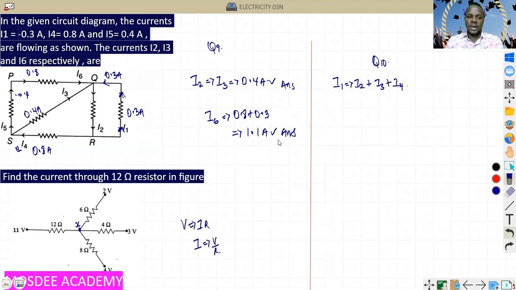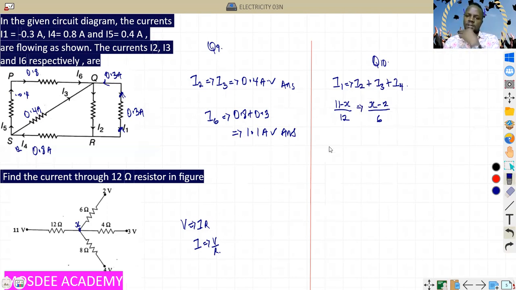So directly we can now use I is V by R. The first one is V by R. At this junction, you have X, 11 minus X. We are dividing the value by the resistance, which was 12, must be equals to I2. I can take anyone to be 2. X is the one moving in. So X minus the voltage here is 2. I'm dividing that one by 6. I'm using V by R, which has been shown on top of your screen.